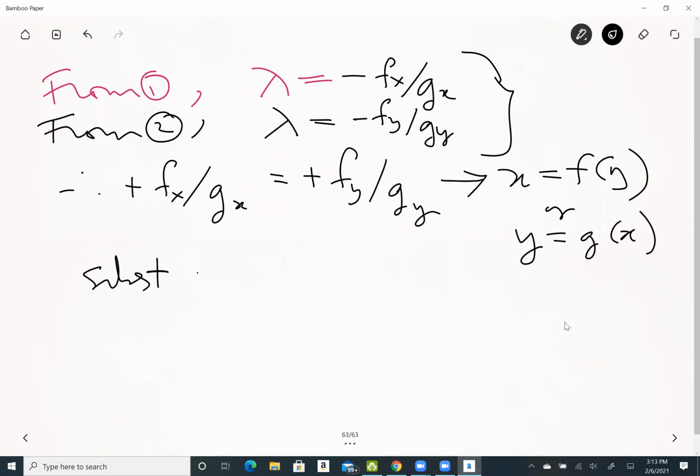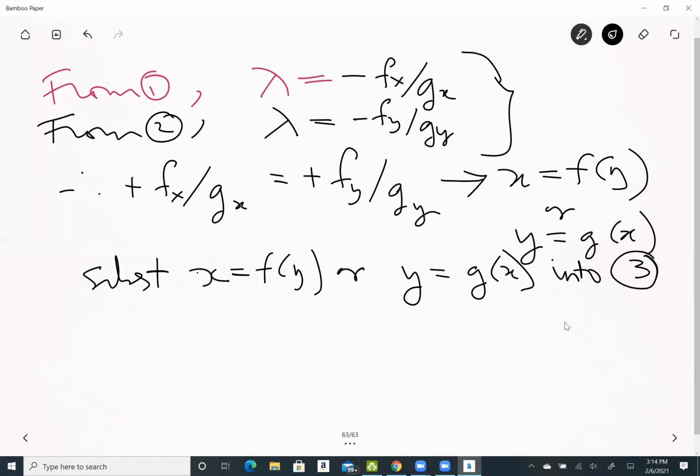If you write y in terms of x, you substitute y into which equation now? Into 1, 2, or 3? Into 3. You cannot substitute into 1. If you substitute into 1, you are going backward, because with 1 and 2 you already took care of the lambda. So substitute into 3, then you will get x star, y star.